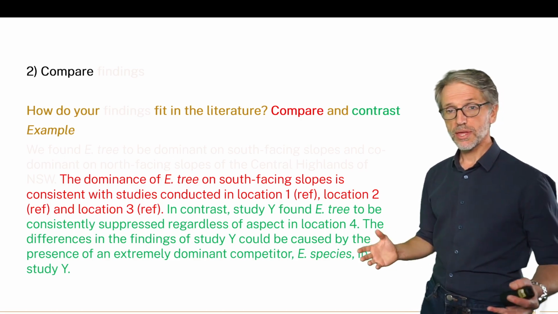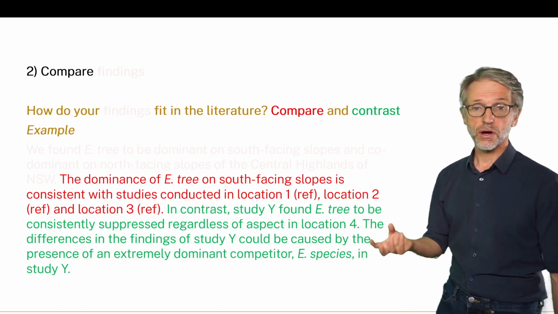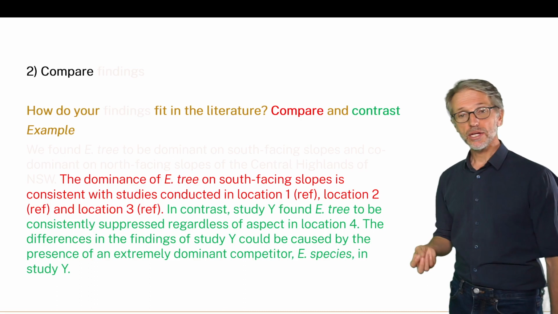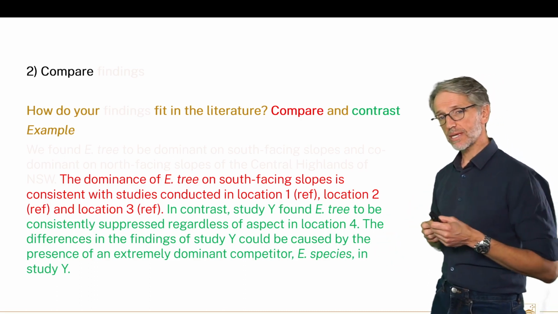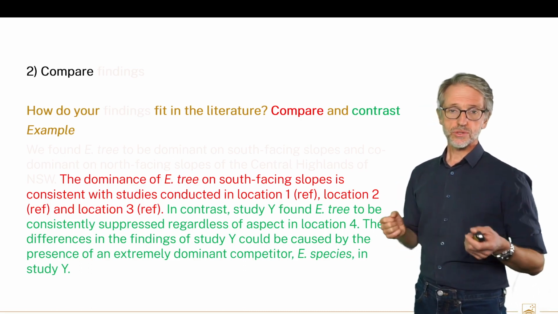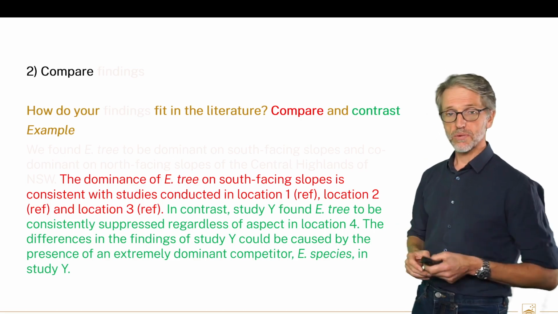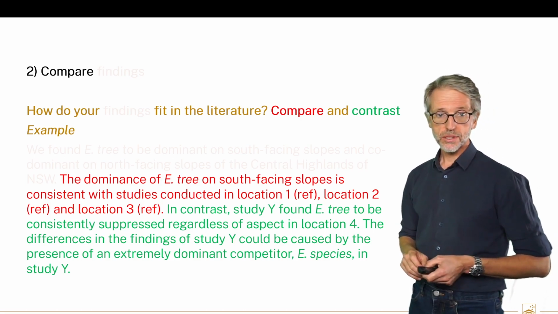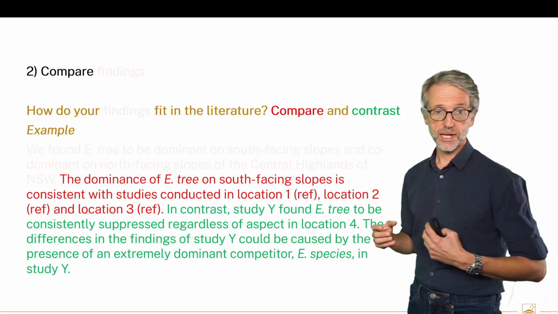Of course, there are comparisons. How do the results of the study compare to other studies in the literature? Again, the emphasis here is on literature that is relevant to the study being conducted and the study's theoretical framework. So perhaps we're thinking about trees on north and south facing aspects.